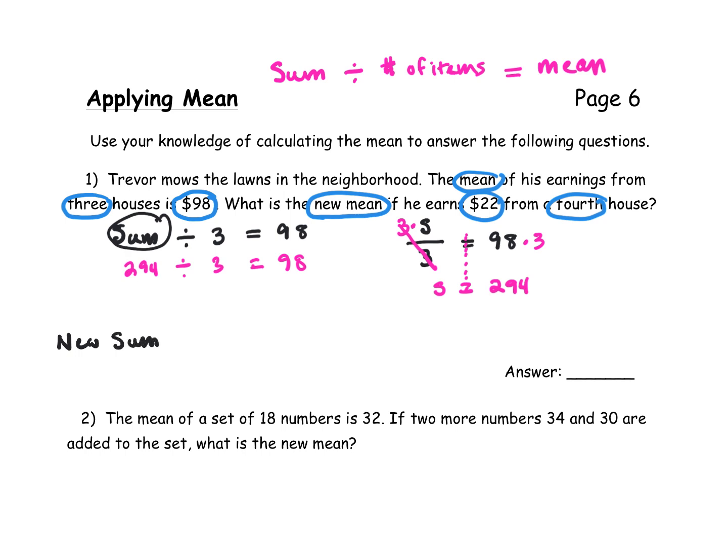So we're going to take our old sum of 294, and we're going to add 22. So our new sum is going to be 316. Then we're going to divide that by our new number of items.